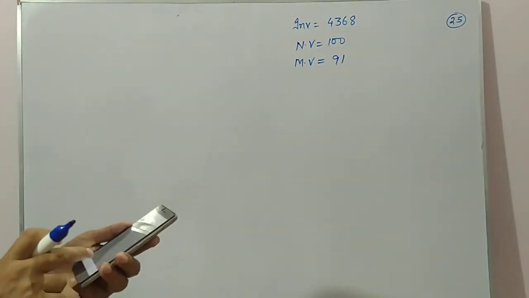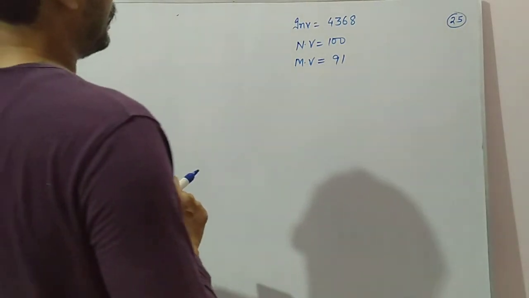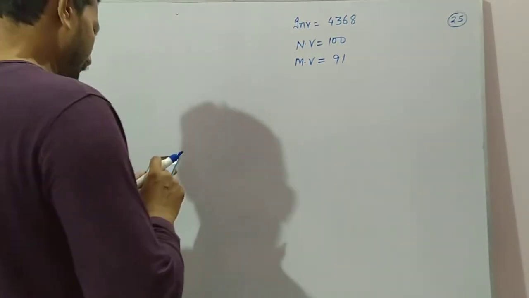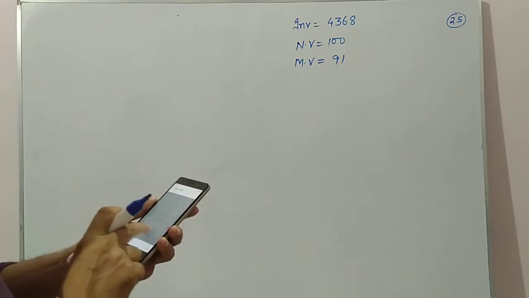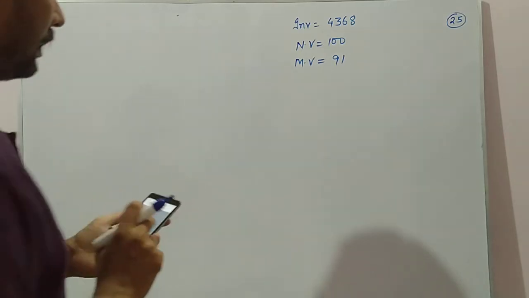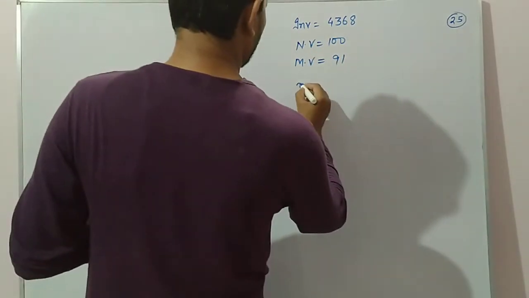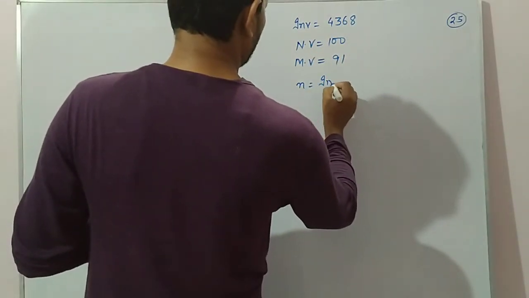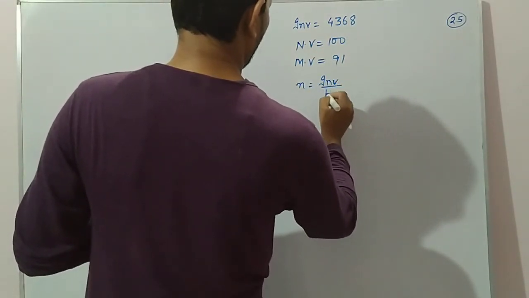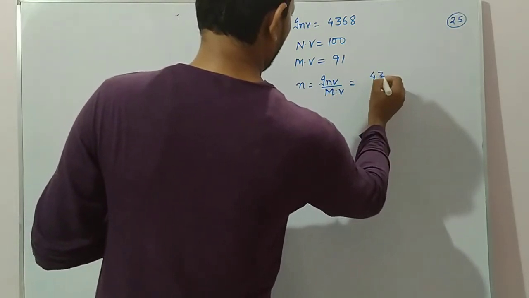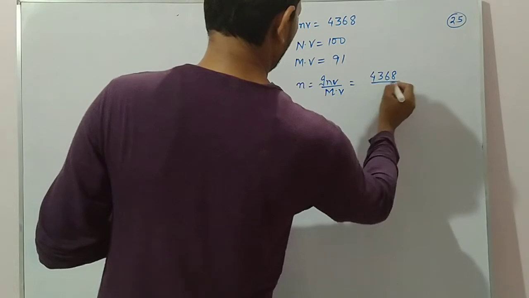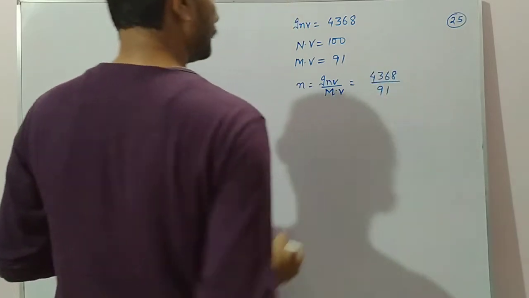He sells out shares. Dividend is given, certain 100 rupees shares at 91. So number of shares, that will be how much? Investment by market value. Investment, that is 4368 by market value 91.